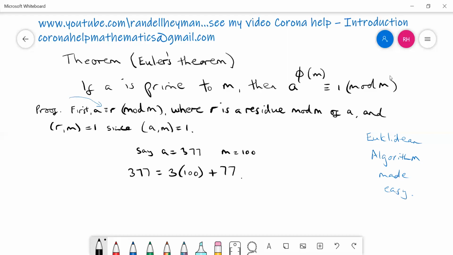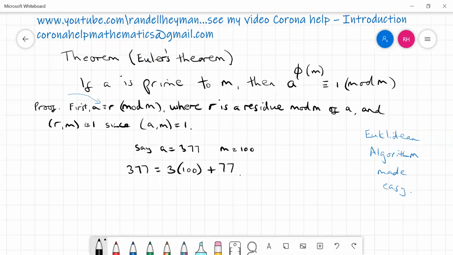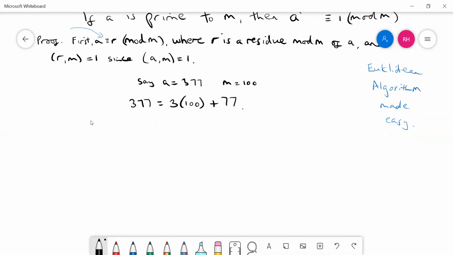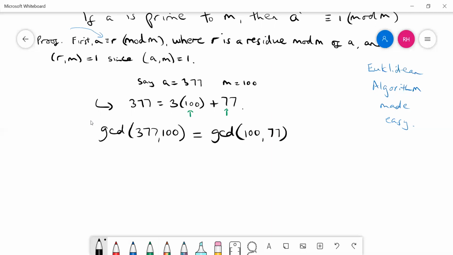The genius of the Euclidean algorithm is that the GCD of 377 and 100 equals the GCD of the two numbers on the right-hand side, 100 and 77. That's how Euclid's algorithm works.